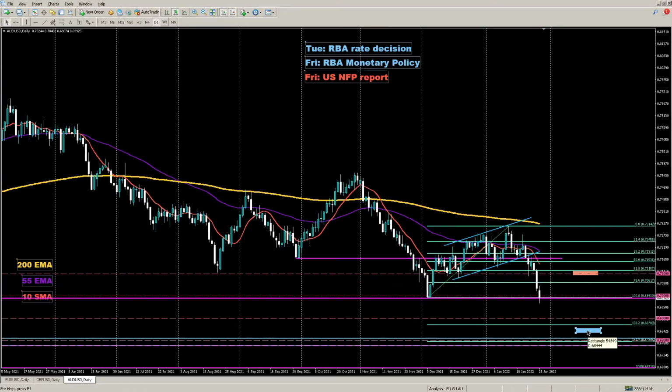And there's one support zone here at the 138 fib. And then the critical one here, next one down below in this region. Okay.